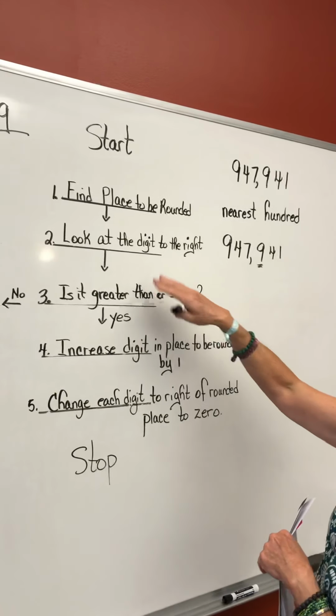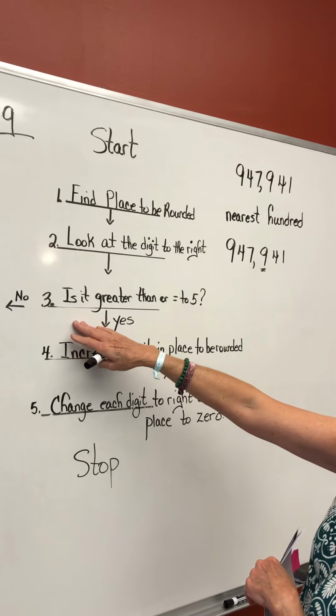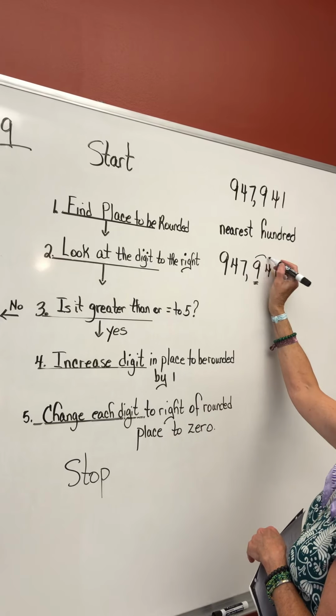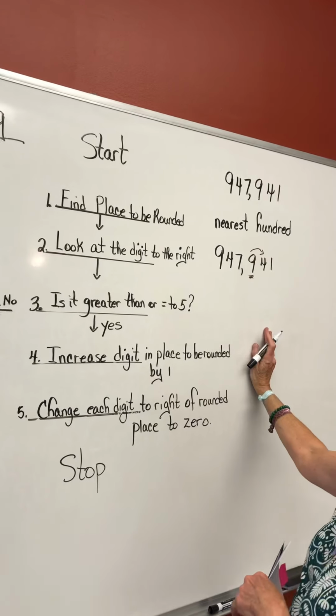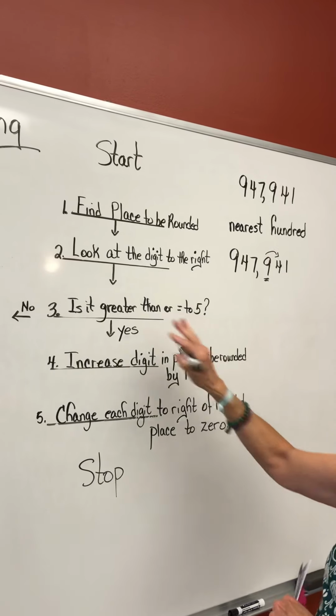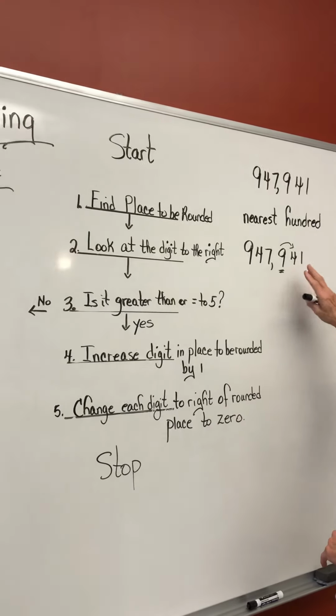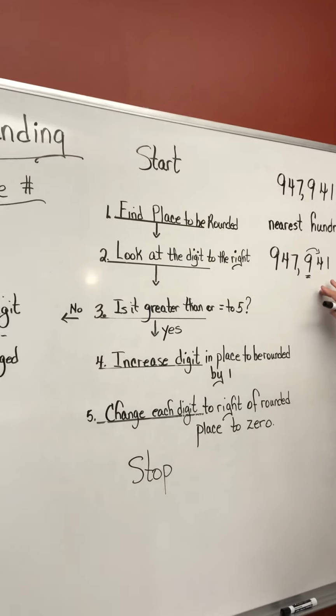Now I'm wondering, here's the question I'm asking. I'm looking to the digit at the right. So I'm going to look at the 4, which is in the tens place. Number 3, is it greater than or equal to 5? Well, no, and this time it's not greater than or equal to 5.